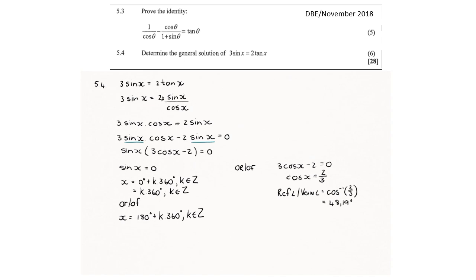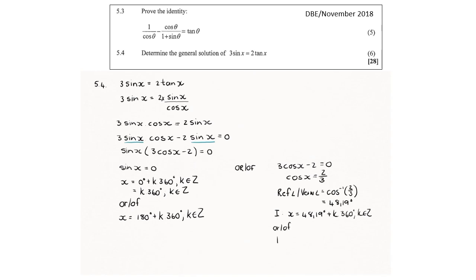Cos x is equal to positive 2/3. And in which quadrants will cos be positive? Cos is positive in the first and the fourth quadrants. So in the first quadrant, we will say then that x is equal to 48.19 degrees, the reference angle, plus 360 degrees times k, where k is an element of integers.